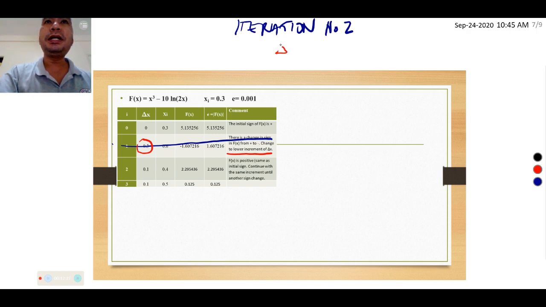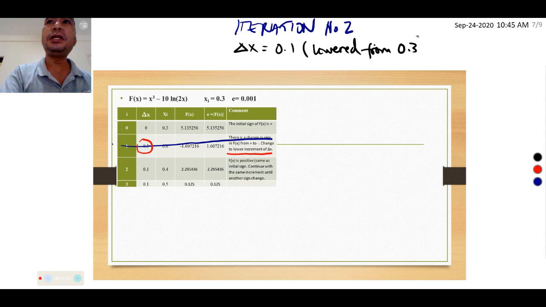So our delta x now will become 0.1. This is lowered from 0.3 in iteration number 1.